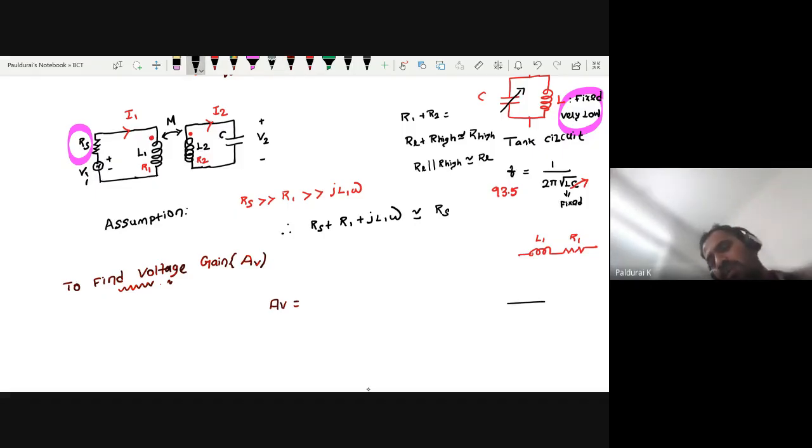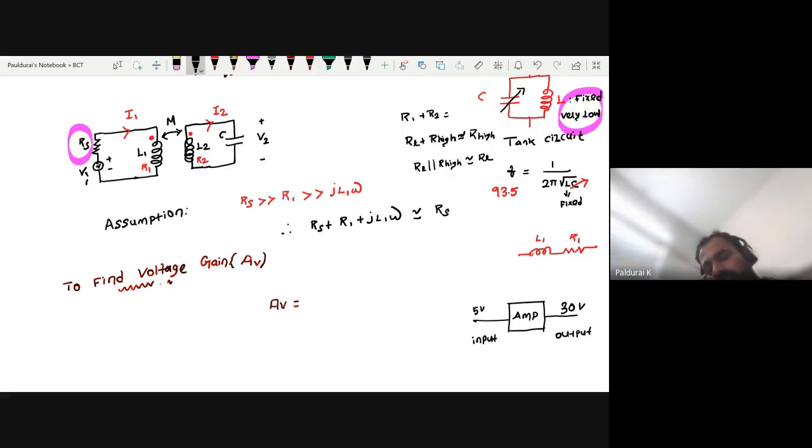Let me assume this is an amplifier, just to assume. I am giving some input, 5 volt, and I am getting some output, 30 volt. Assume input is 5 volt, output is 30 volt. What is your gain?